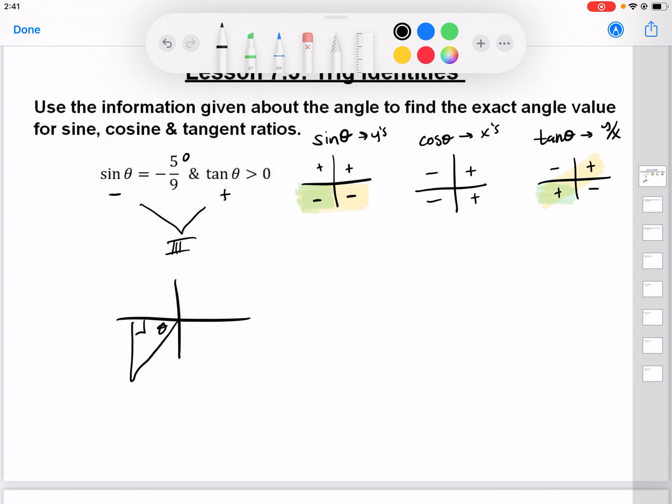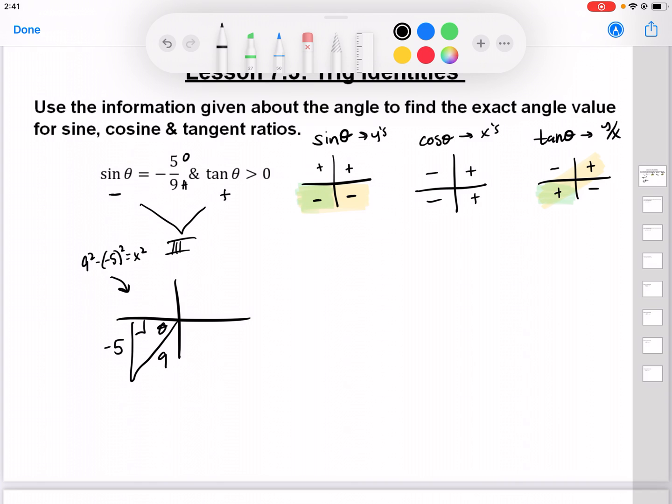Sine is opposite over hypotenuse, so the opposite side will be -5. The hypotenuse is 9. Then I'm going to use the Pythagorean theorem to figure out this last side. Since we've got the hypotenuse, it's going to be 9 squared, and I'm going to subtract the -5 squared from that to find our missing side.